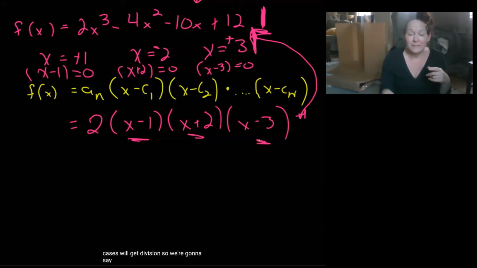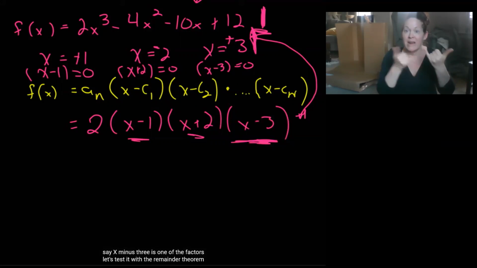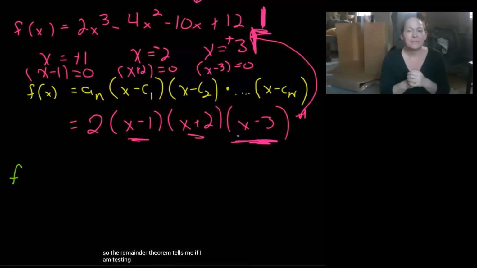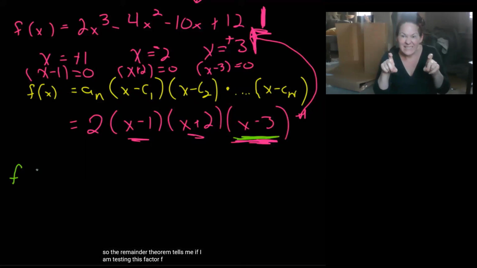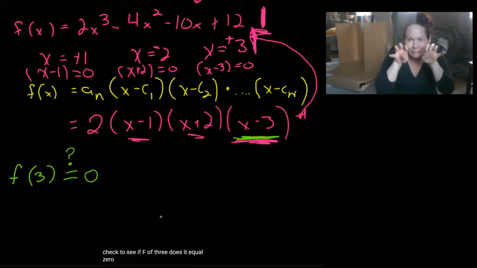So we're going to say x minus 3 is one of the factors. Let's test it with the remainder theorem. The remainder theorem tells me if I'm testing this factor, I want to check to see if f of 3 equals 0.